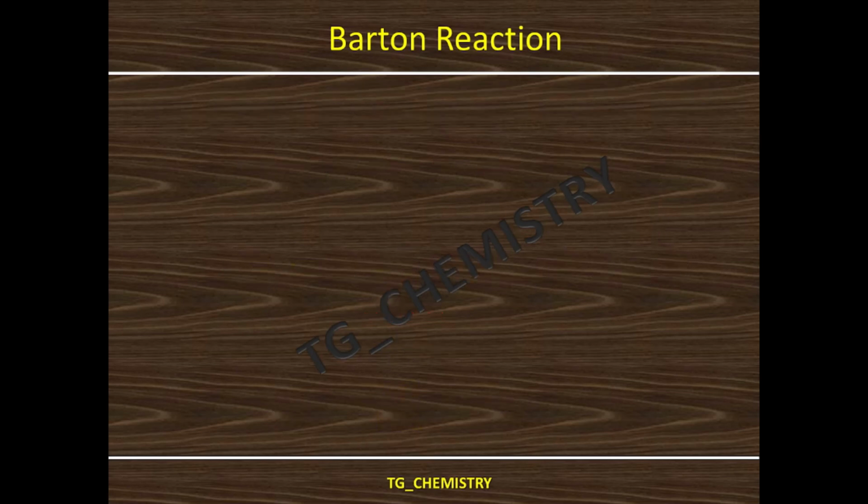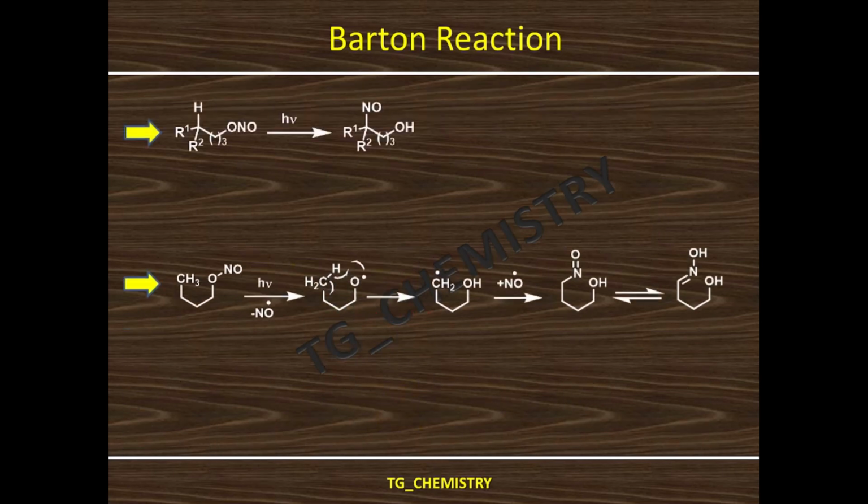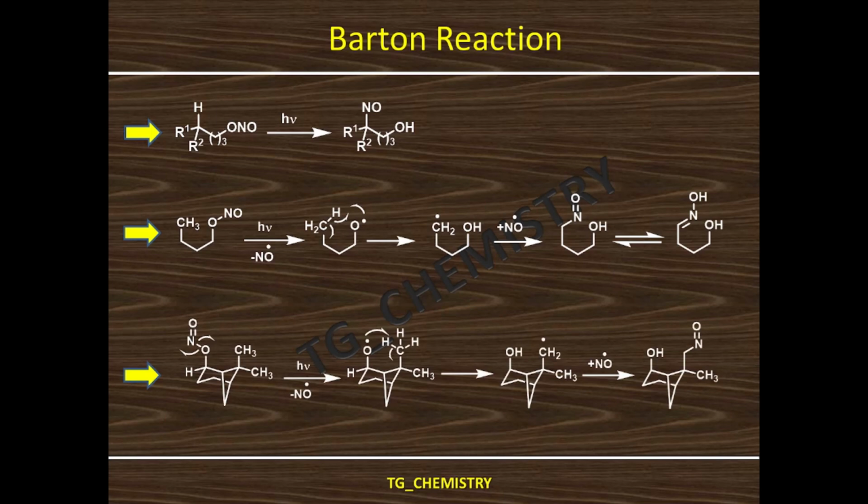Next, there will be some more reactions, as you can see over here. These are three examples of Barton reactions, and alkyl nitrite again undergoes photoirradiation to produce the nitroso alcohol product, and the second option ends up with the same nitroso oxime product.